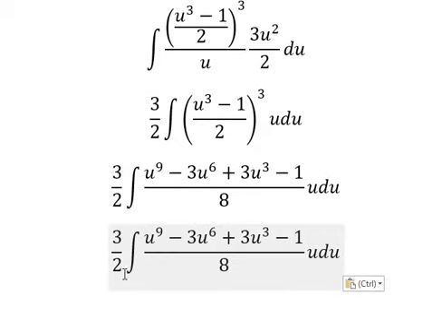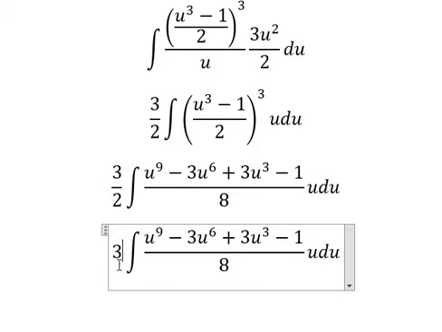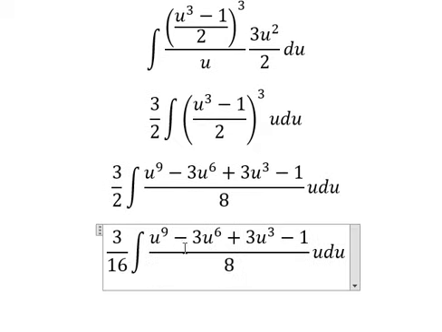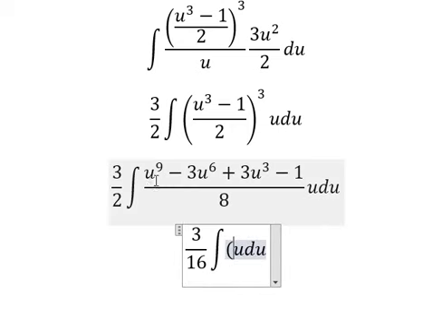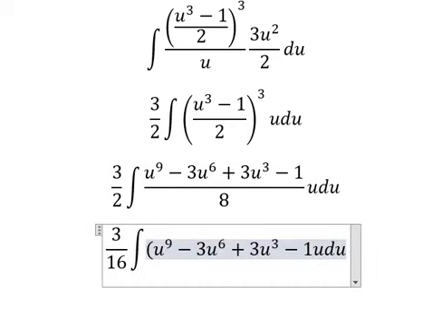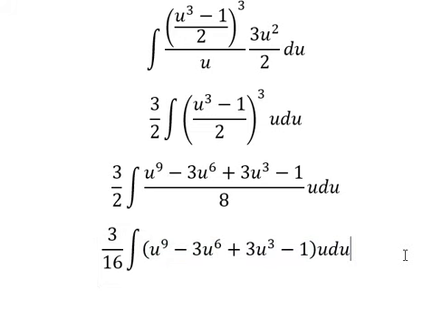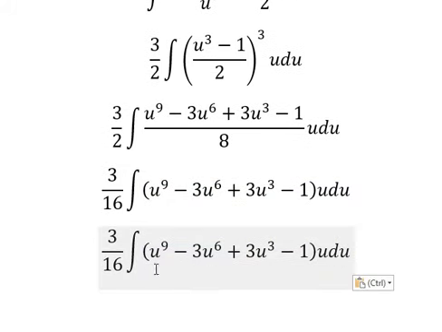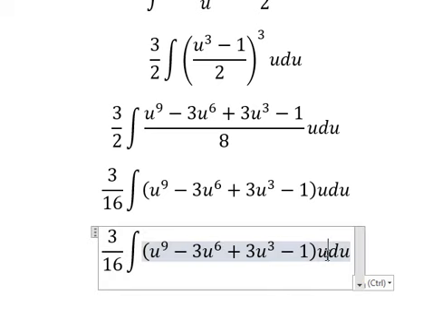So number 8 and number 2, you get 16. So we put this one in here. So u multiplied by u to the power of 9, number 6, number 3, and number 1.